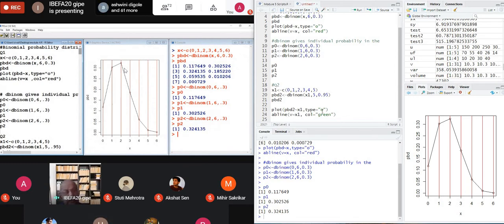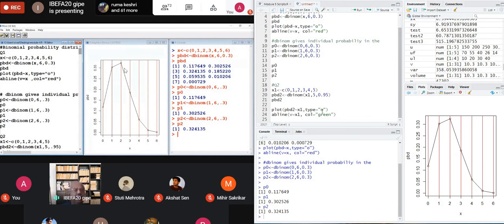Sir, instead of finding P0, P1 and P2 separately, from 0 to 2, can't we apply it? We can do that. That's what I'm showing in the next question. Slowly. You can do it.